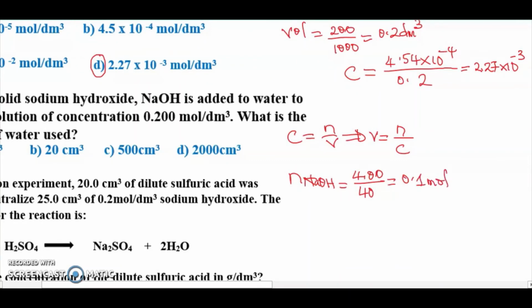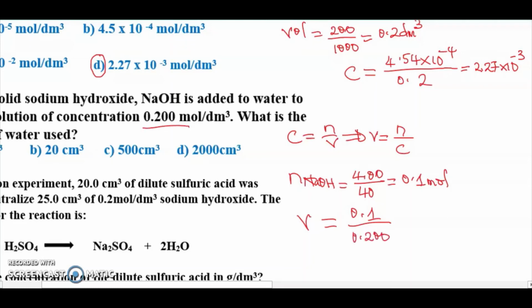Okay, now that we have that already, we simply substitute. So the volume is now equal to the number of mole, 0.1, divided by the concentration.